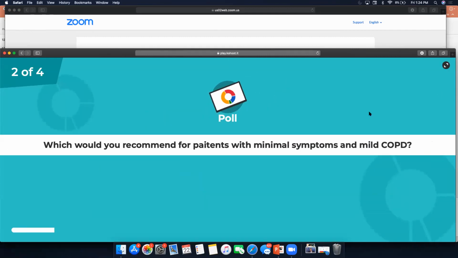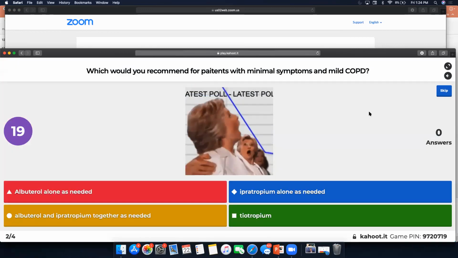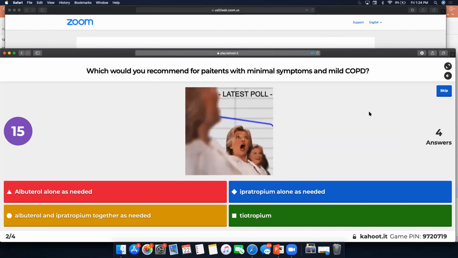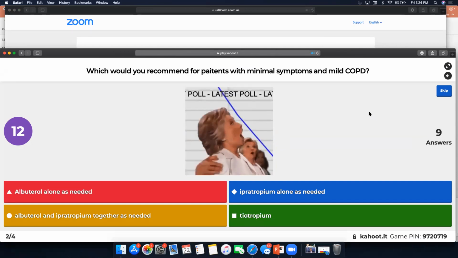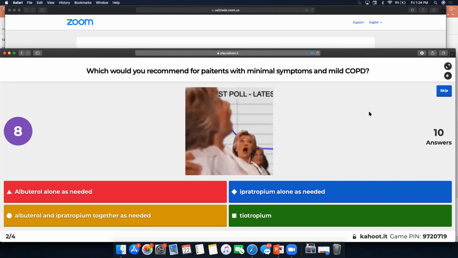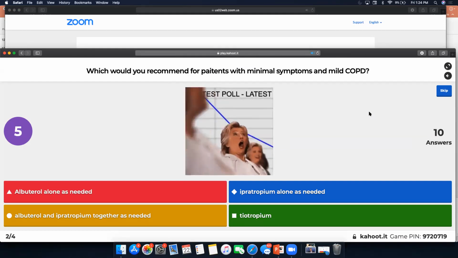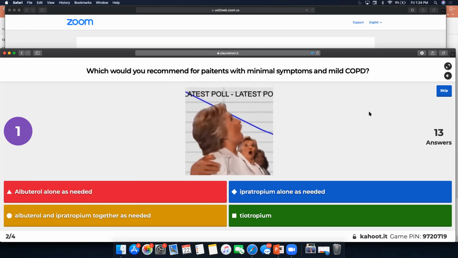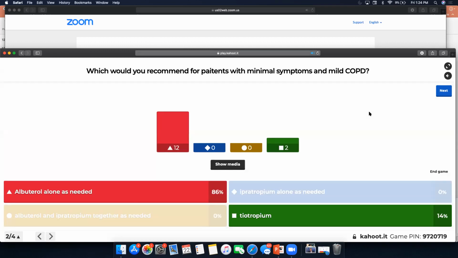All right, so polling. What would you recommend for the patients with minimal symptoms and mild COPD? All right, so the majority picked albuterol alone as needed, and then 2 people picked tiotropium.